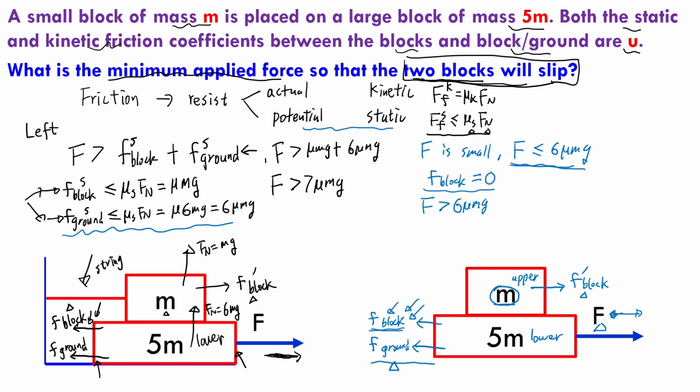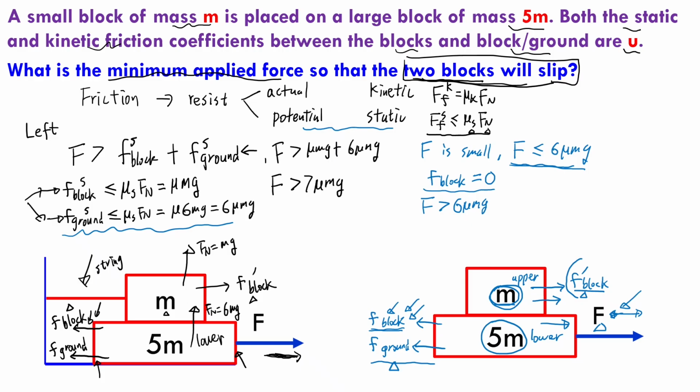And this friction force wants to keep small m and 5m, these two blocks, moving at the same acceleration, so they will not slip. As you can imagine, as F gets larger and larger, this lower block will move faster and faster.